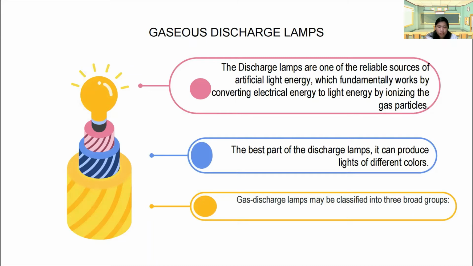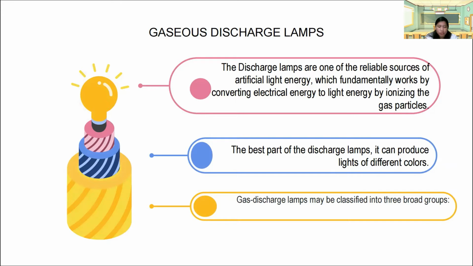The low pressure discharge lamp requires a ballast to create a high voltage. A ballast fundamentally works on the principle of inductance. The voltage across the inductor is directly proportional to the product of inductance and the rate of change of current. Next is the high pressure discharge.